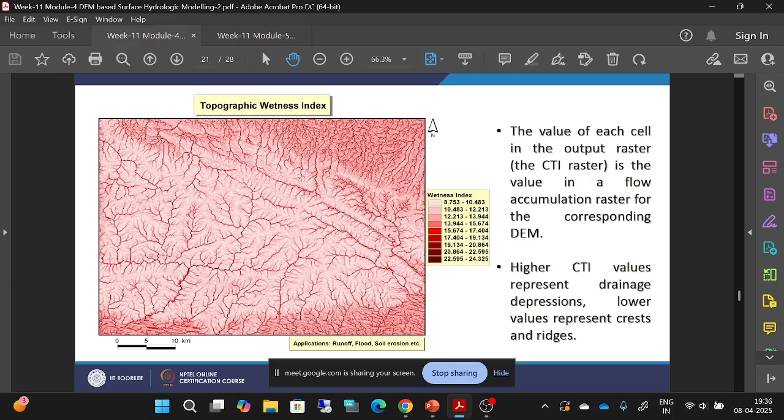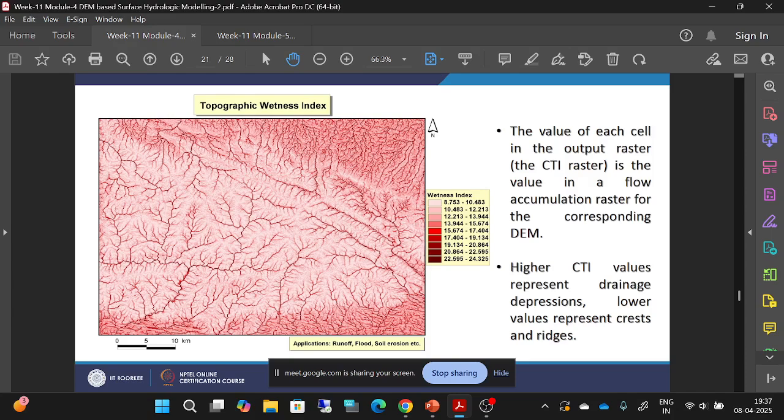Here you see that depending on your requirement, the classes are being varied, right? Earlier we had the downslope direction, that kind of thing. Here we have the wetness index. So darker means the higher the wetness index is. Okay.